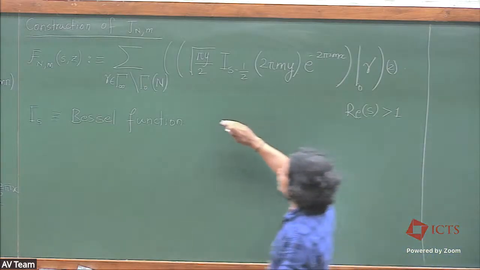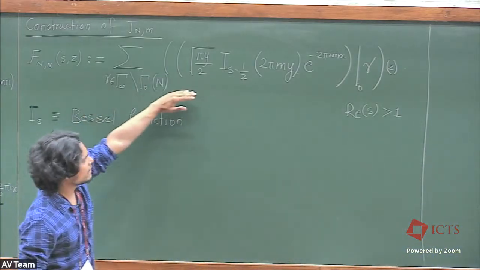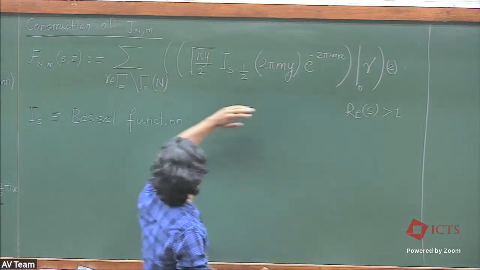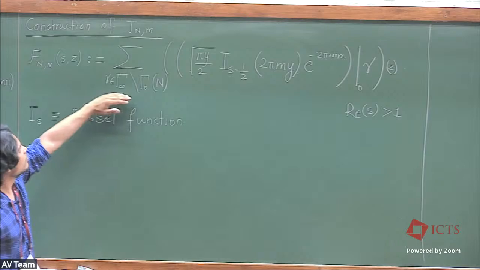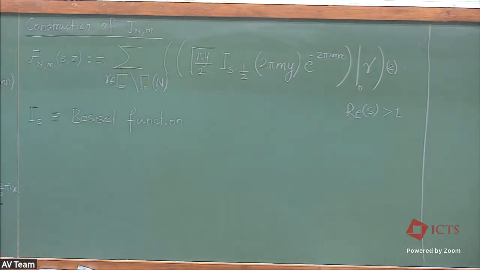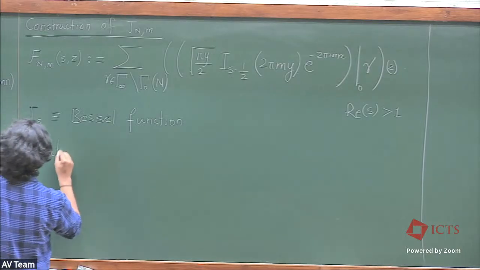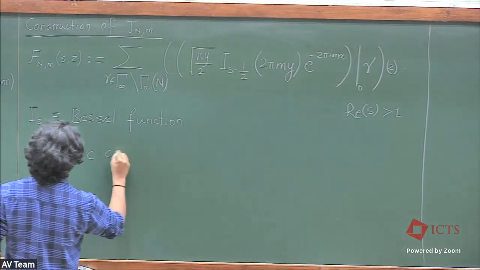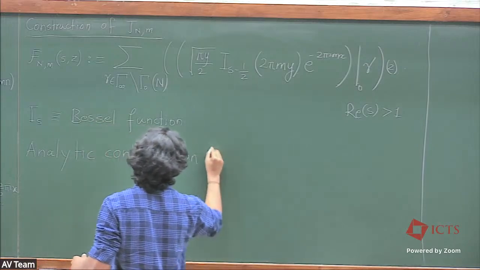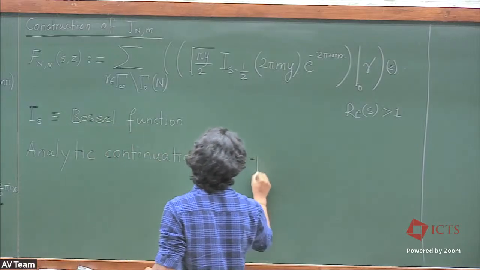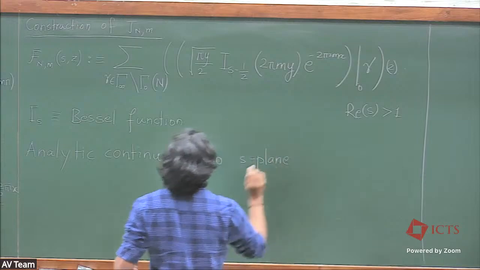Once we prove that the series converges absolutely in this region, we can show that it is invariant under gamma naught N, because the cosets just rearrange among themselves. Now we can try to figure out the analytic continuation, and one can do that.